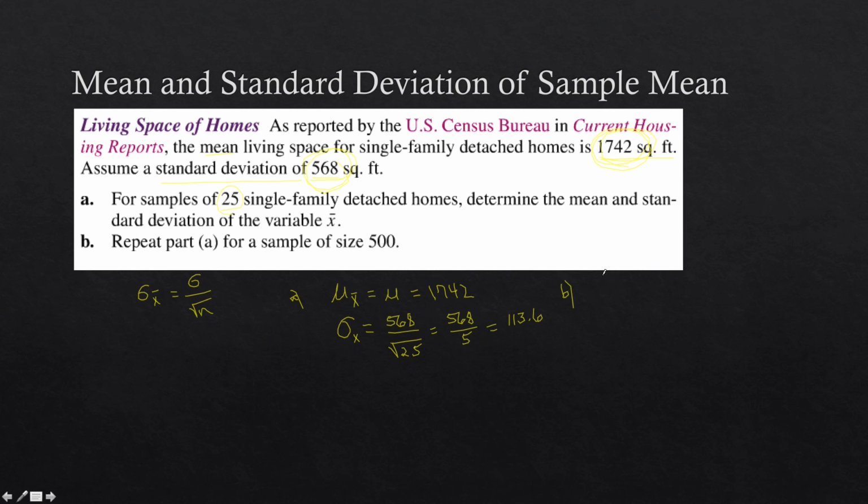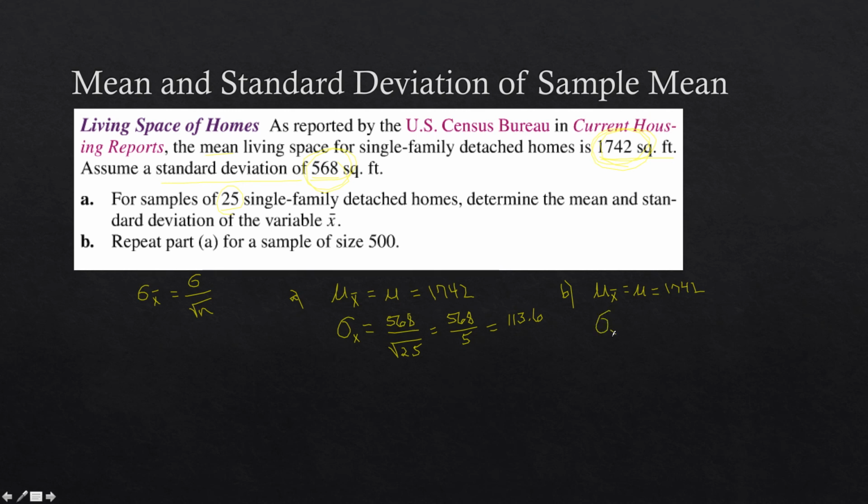Well, what about letter B? What if we increase that sample size to 500? Well, guess what? It has no bearing on the mean at all. It's still 1742 because those are equal to one another. The mean of the sample means and the population mean are equal.